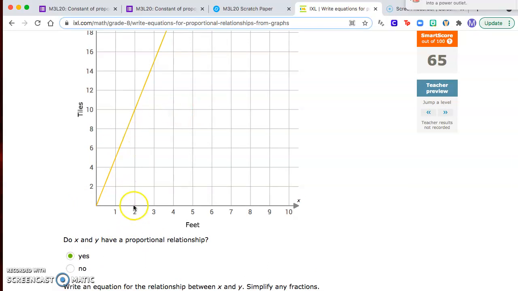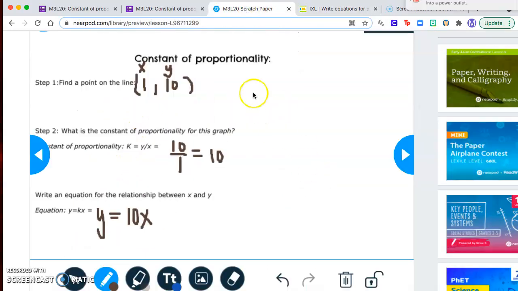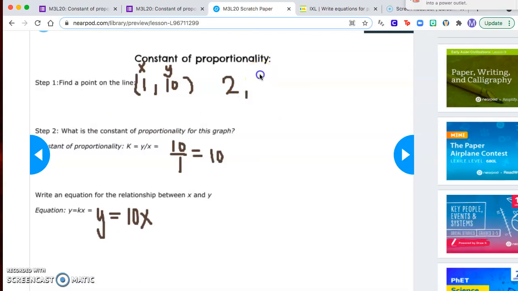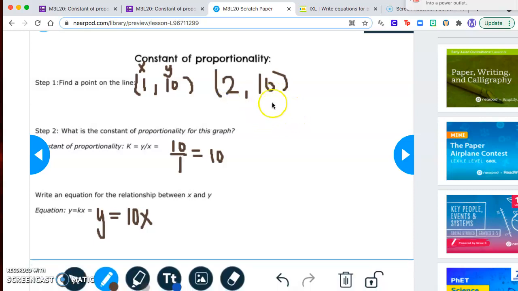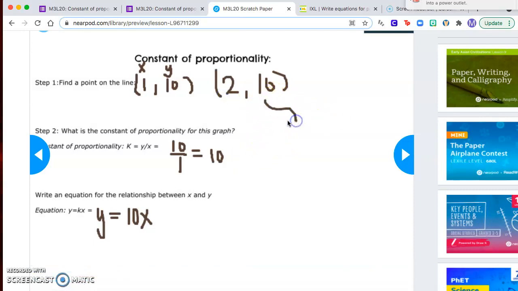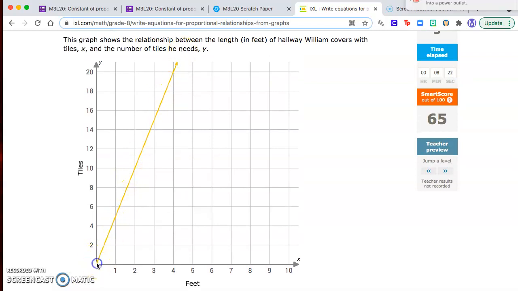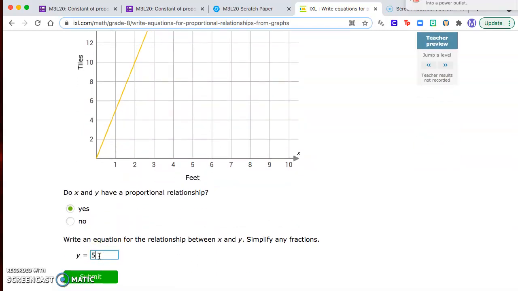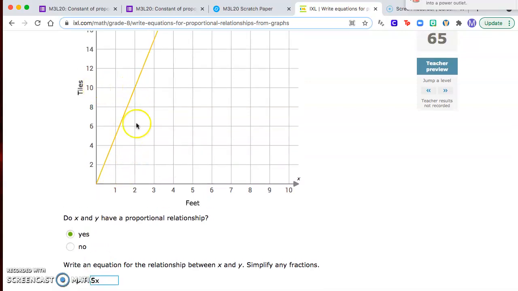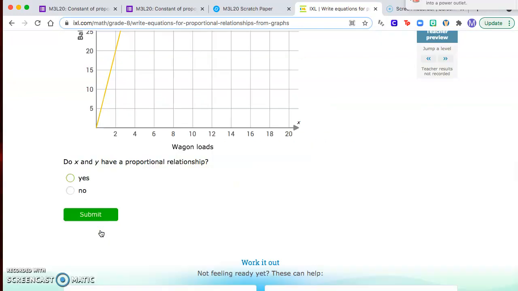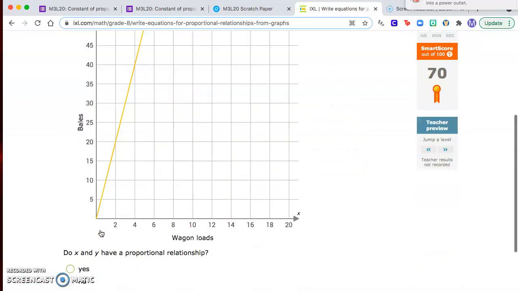If the point on the line is 2, 10, to find the constant of proportionality you have to make sure it's in its simplest form, so 10 divided by 2 is 5. Is it proportional? Yes, it's a straight line and it goes through the origin. So this would be y equals 5x because 10 divided by 2 is 5. And good luck.